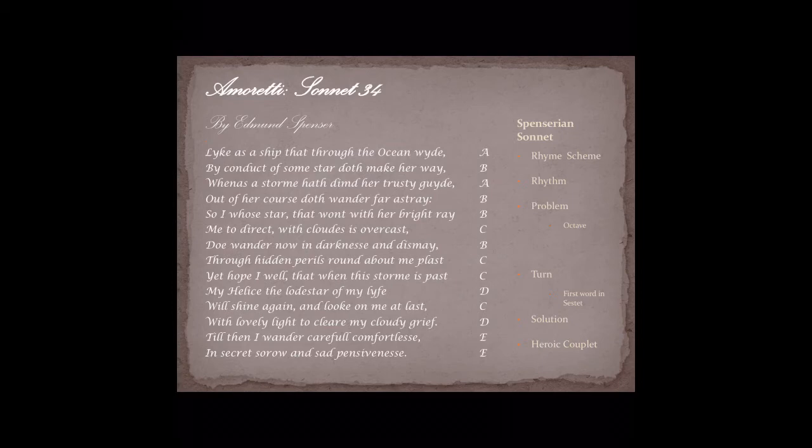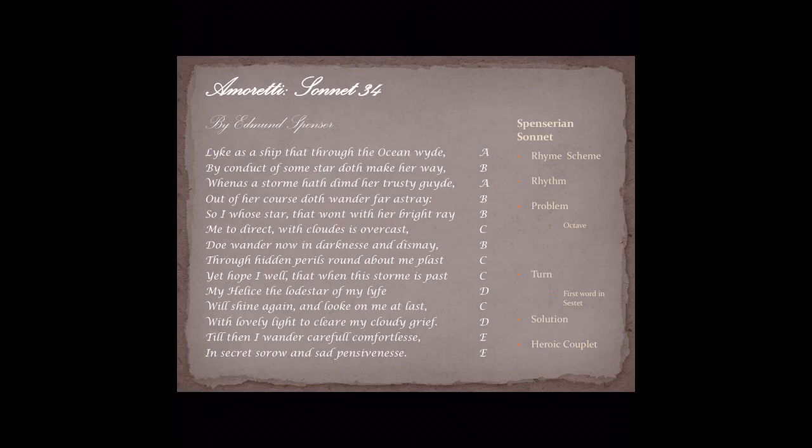First, let's look at the rhyme scheme. To determine the rhyme scheme, look at the end of each line. The first line you will label the last word with an A. Now look at the second line. Does the last word rhyme with the first line's last word?